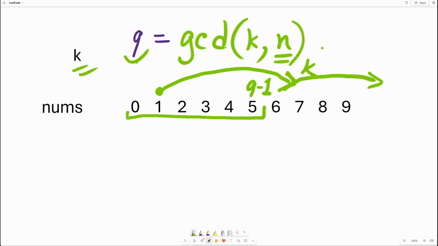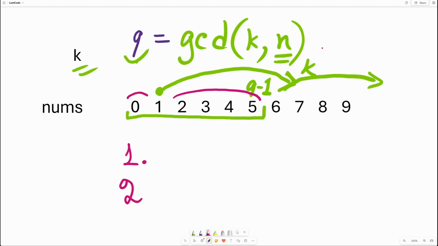So I could wrap around multiple times. But what I'm saying is, I could never touch any of these elements which are different from our chosen starting point. I could never touch any of the other elements. That is my first claim. So I'm never going to touch any of the other elements inside this little group.